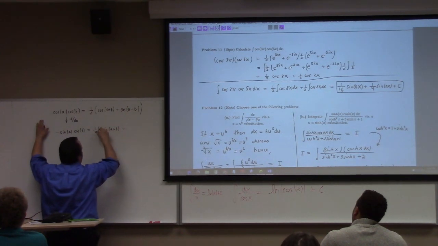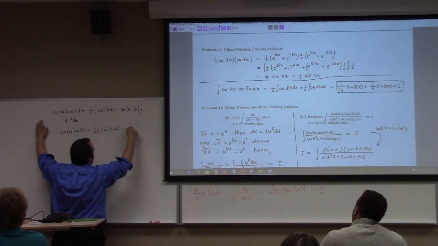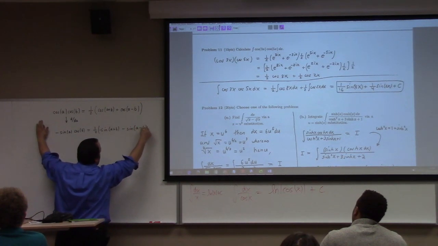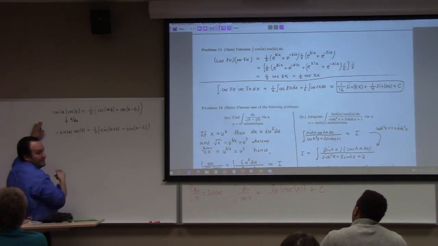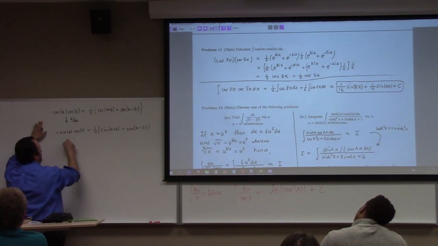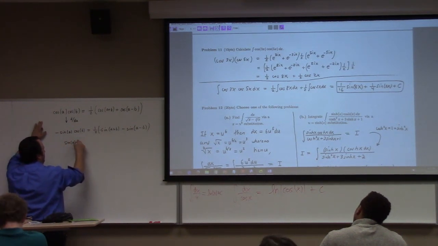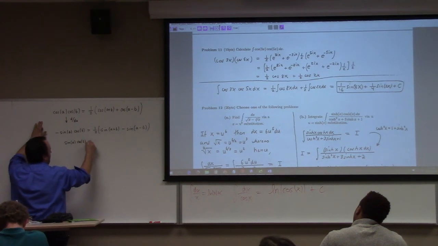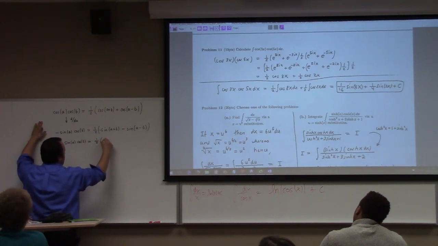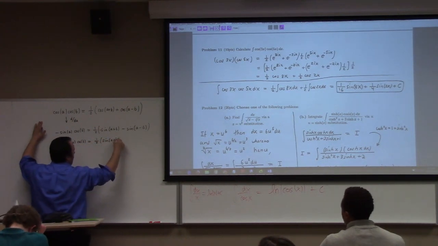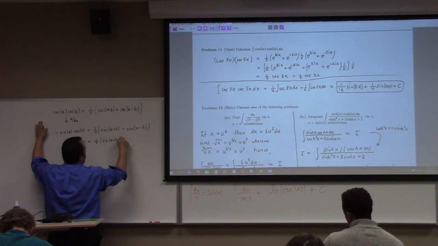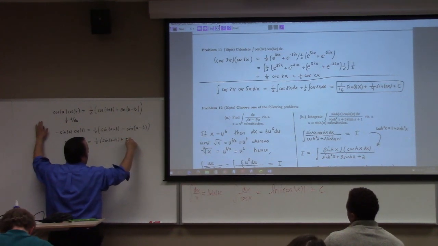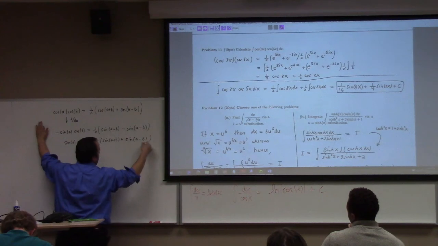Oh, I'm sorry, there's a minus here, because the derivative of cosine is minus sine. And so getting rid of the minus, we've got that sine a cosine b is equal to 1/2 of sine of a plus b plus the sine of a minus b.